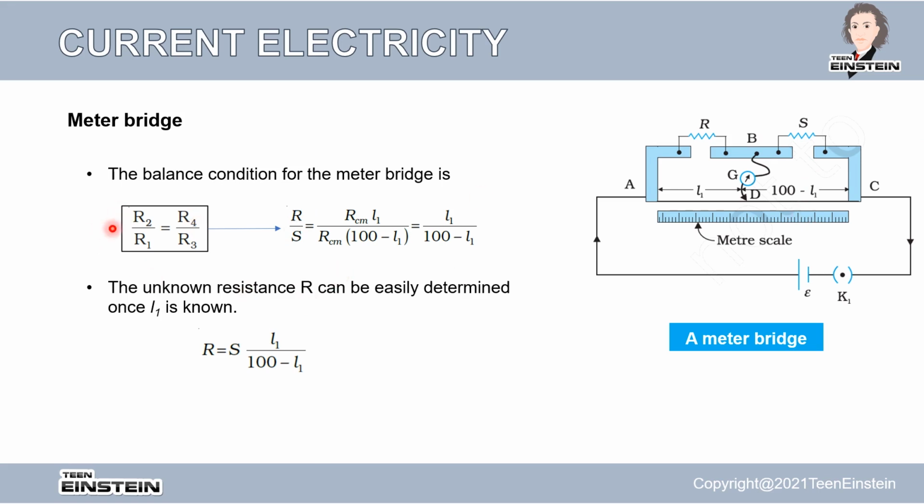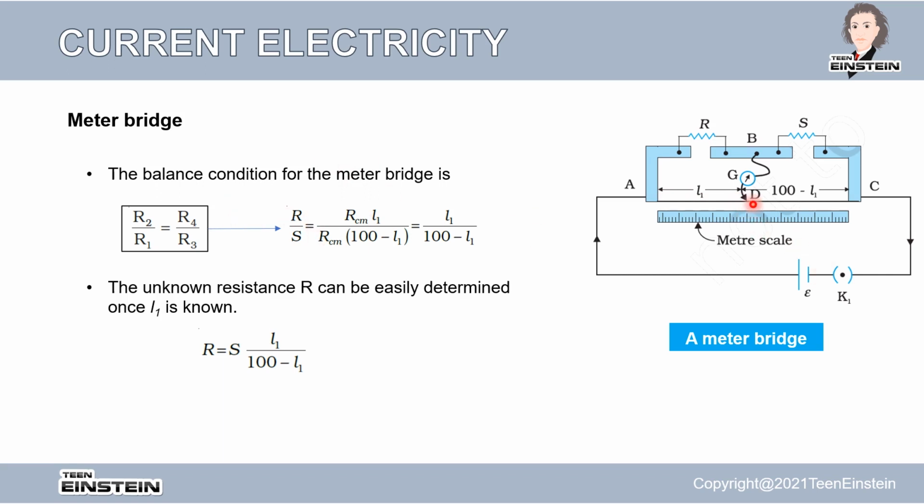So we can modify this equation R2 by R1 equal to R4 by R3 by using R2 as R, that is the fixed resistance here, and R1 is S, the fixed resistance here. R4 and R3 are now, see, if you know RCM, that is the resistance per unit length, then RCM multiplied by L1, that is the length of this part is L1, will give you the resistance of this length L1, right?